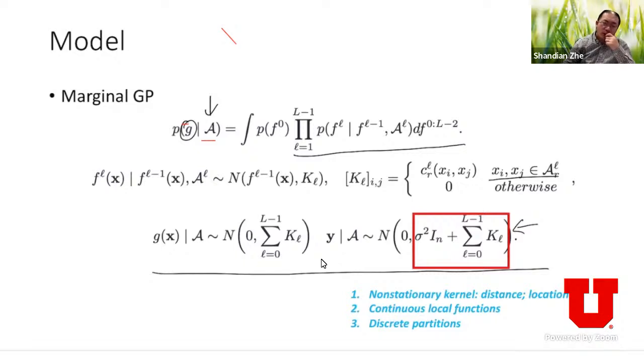And G here should be the function value at all the training points, right? Yes. Oh, so K L, G are only kernel matrices at that partition.